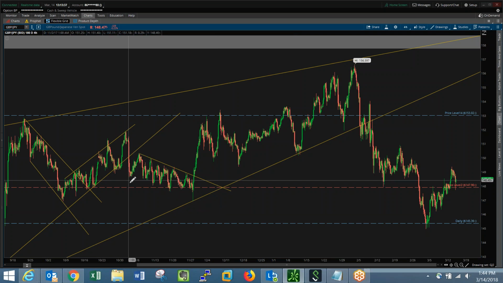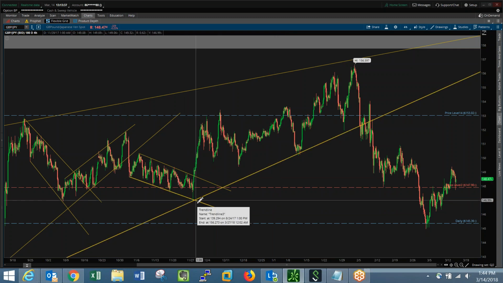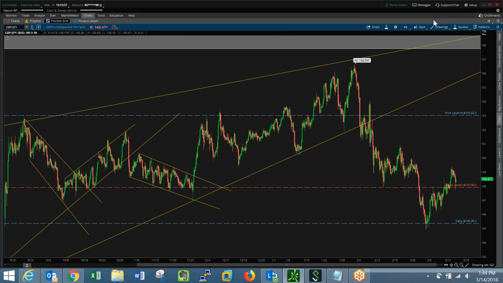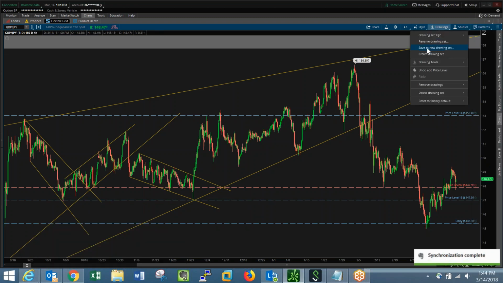I'm just doing this so that you can see exactly how I approach. Like this for me would have been a perfect opportunity, especially given that you look left and there's some shorter term support and resistance that we haven't yet plotted. That's a perfect opportunity right there, and you can see that the market thought so as well.